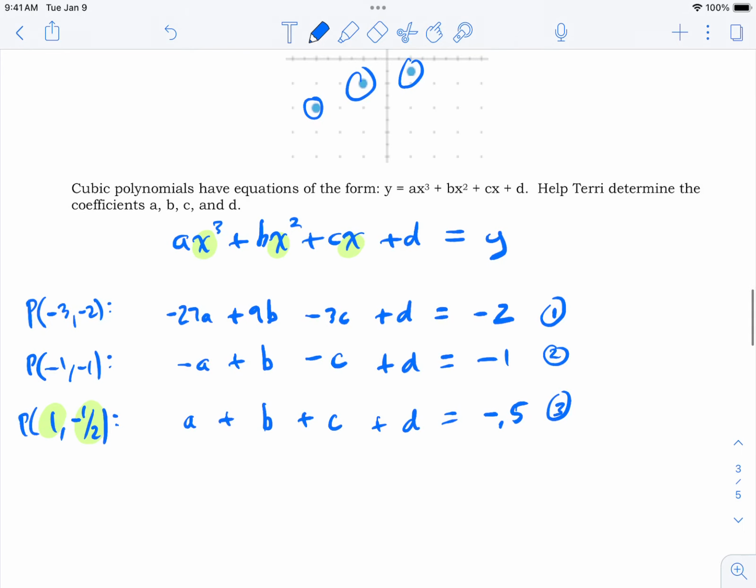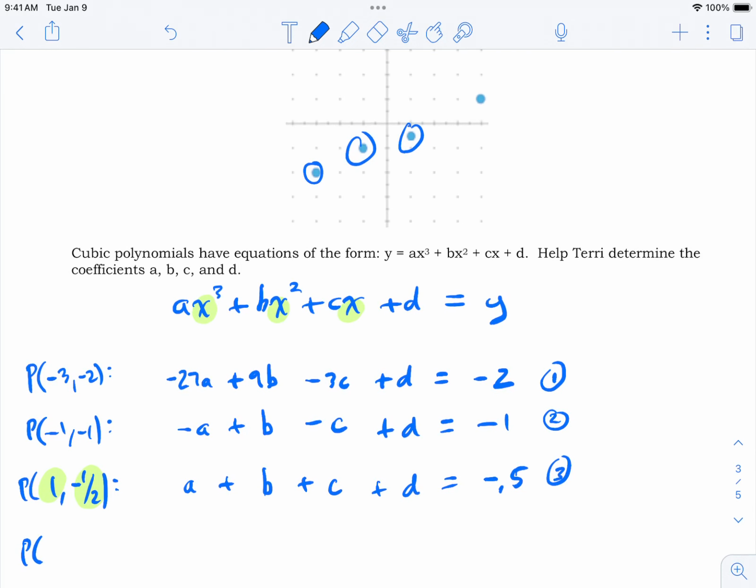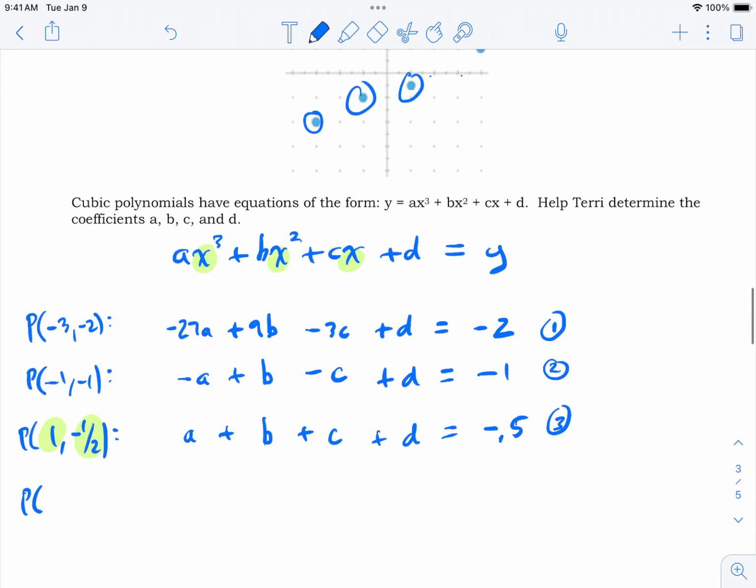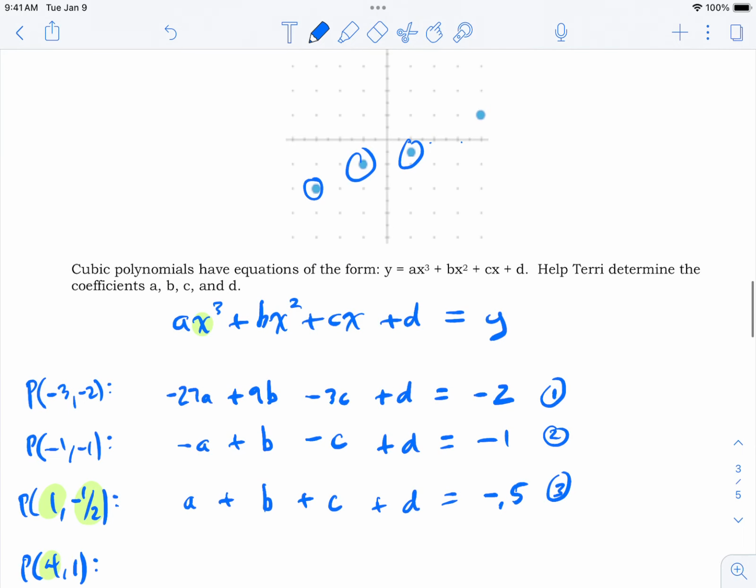3 equations down, 1 to go. So what's the other point? This one looks like a 1, 2, 3, looks like a 4, 1. And so that means I plug in x equals 4 here. 4 cubed, is that a 4? 1, 2, 3, 4. Yeah, that's a 4.